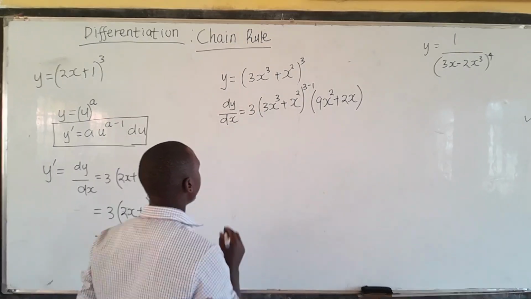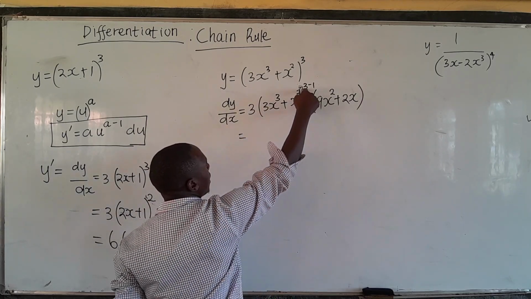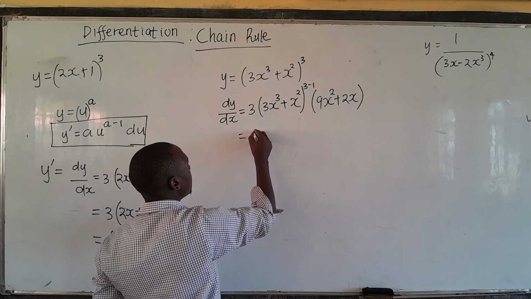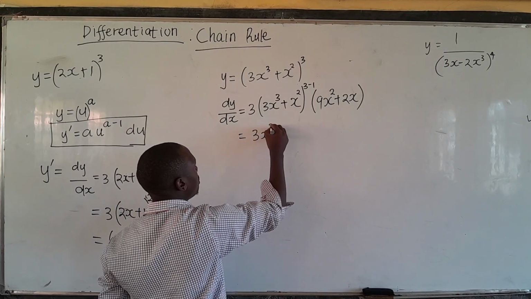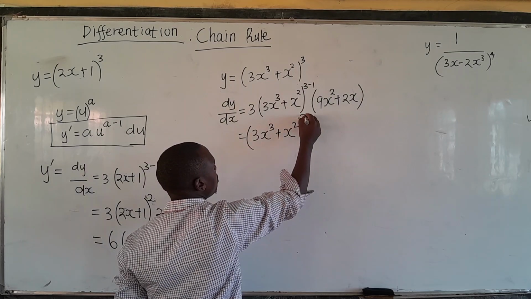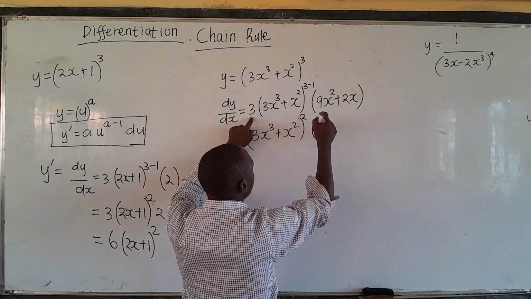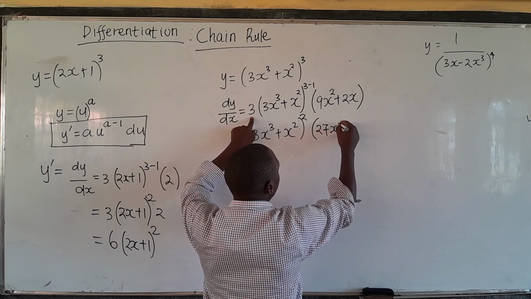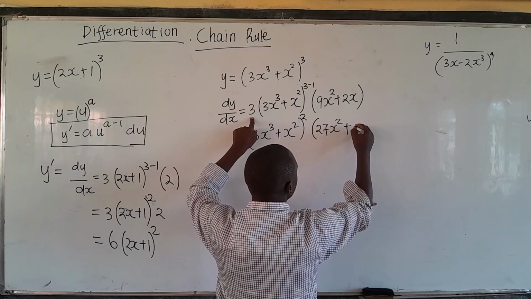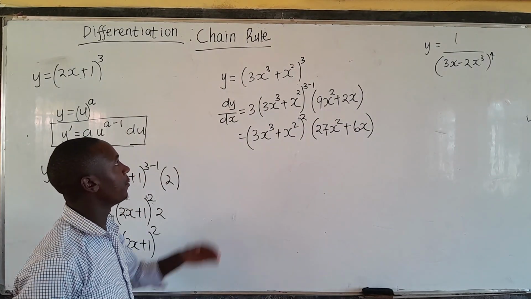I think we can simplify further by multiplying 3 by this function here, and then we subtract 1 in the power, and by the end of the day we're going to have (3x cubed plus x squared) raised to 2, and we multiply that by 3 multiplied by 9 is 27x squared plus 3 multiplied by 2 is 6x, and that becomes the derivative of our function here.